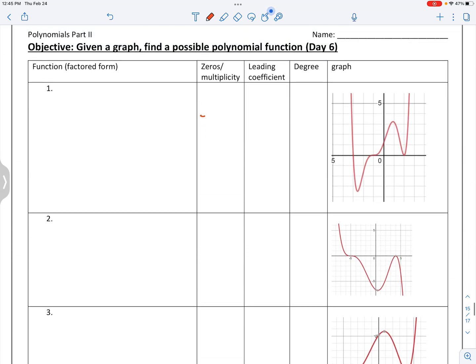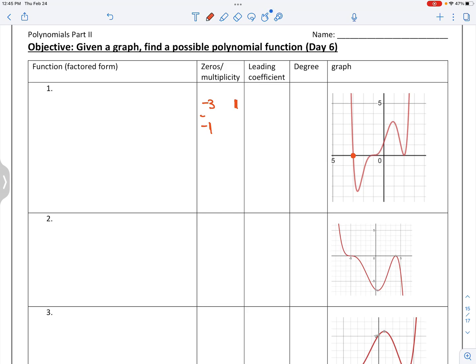All right, let's work backwards. If I give you the graph, let's try to write an equation. The first thing we need to determine is the degree. We have a 0 at 1, 2, 3, a 0 at -3, and it looks like it has multiplicity of 1. We have a 0 at -1, but notice how that 0 has that little inflection point I talked about.